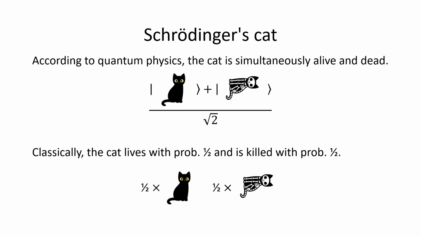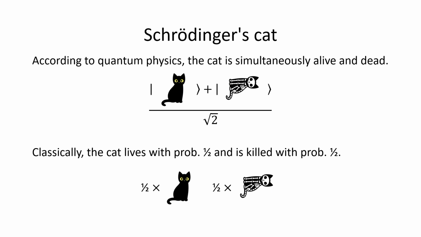If we believe quantum physics, we have a cat which is simultaneously alive and dead. If we refuse to believe quantum physics and just use classical probability theory, then this cat is alive with probability 1/2 and dead with probability 1/2.